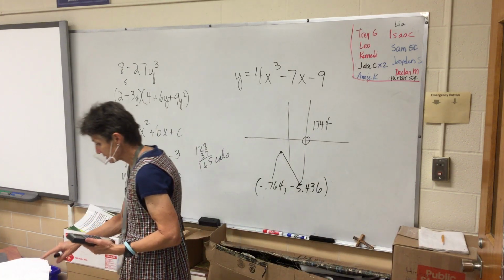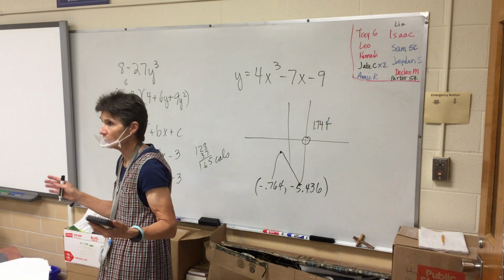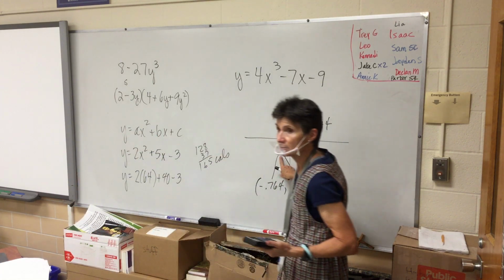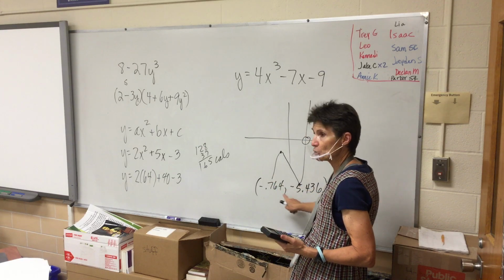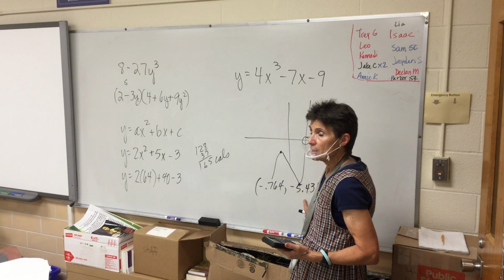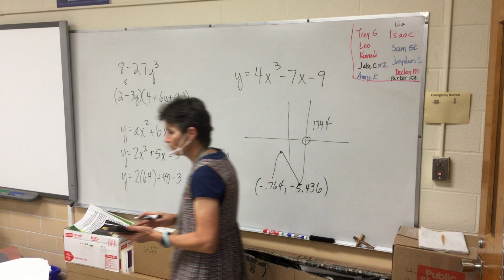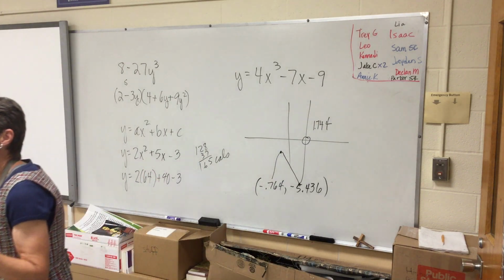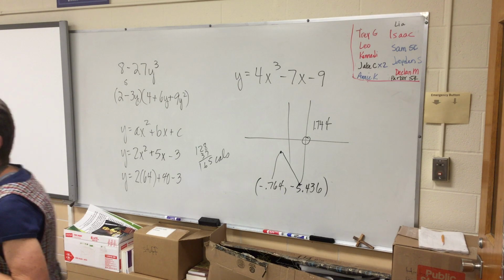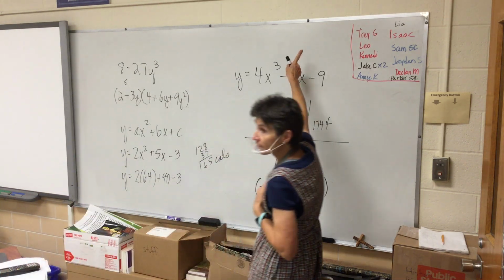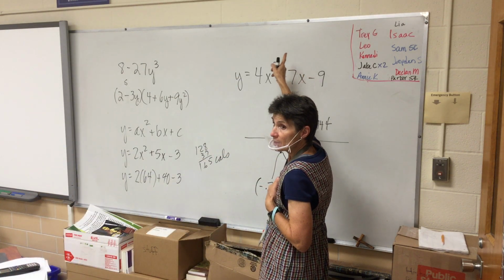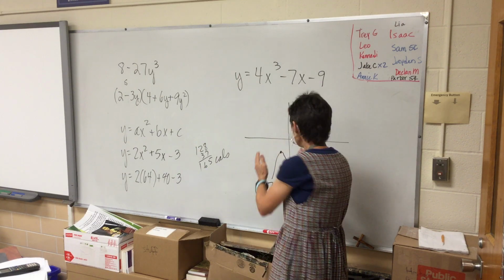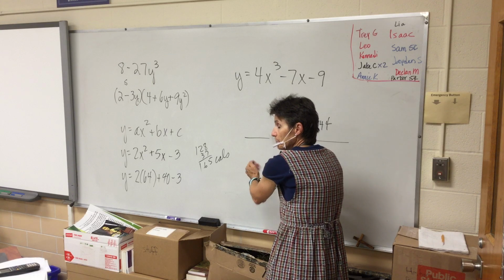So it says, what is the relative, local, two words mean the same thing, maximum, right there. That's it, right there, that's your point. Now, do you understand why the word relative or local is there? Where's the absolute maximum to this problem? There isn't one, right? So, this is a relative maximum. It's a high point in this locality.